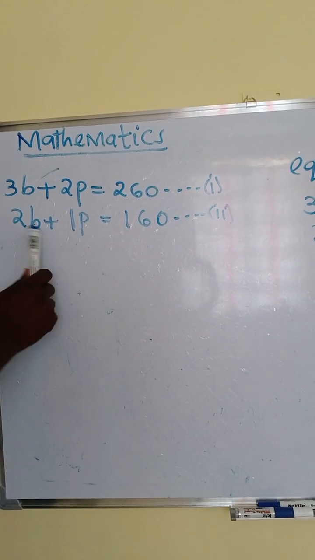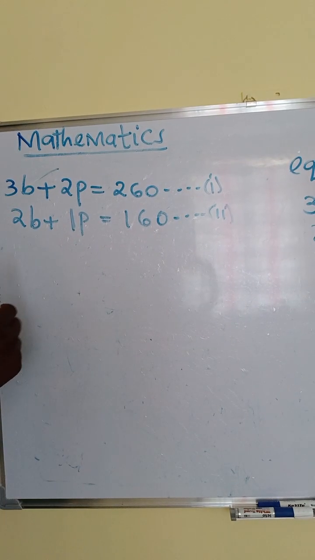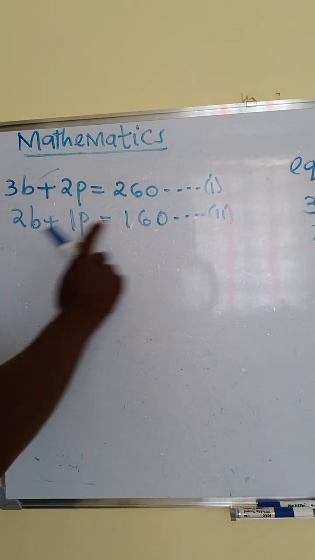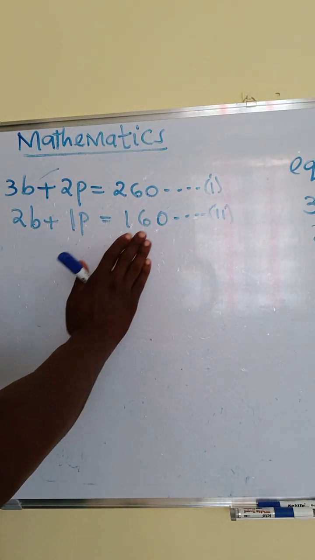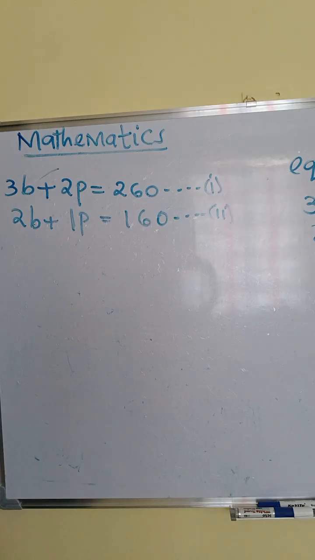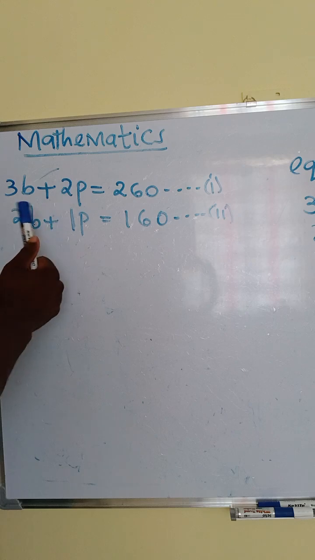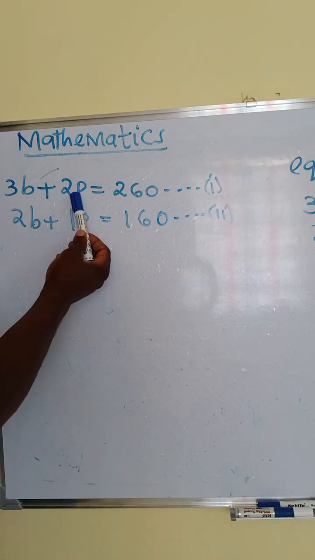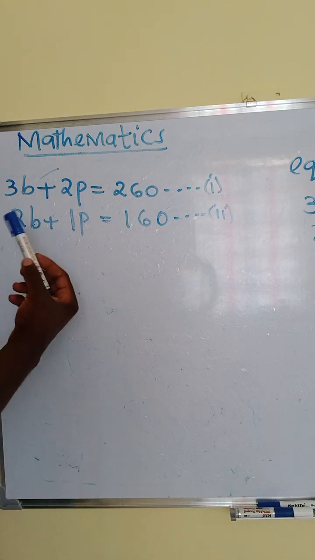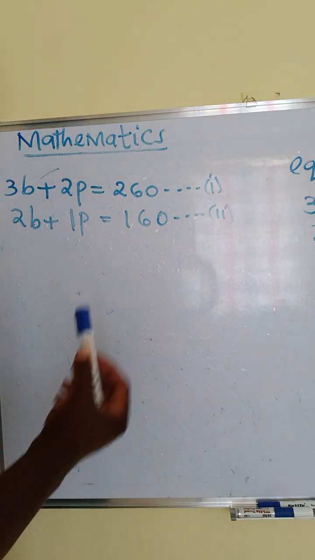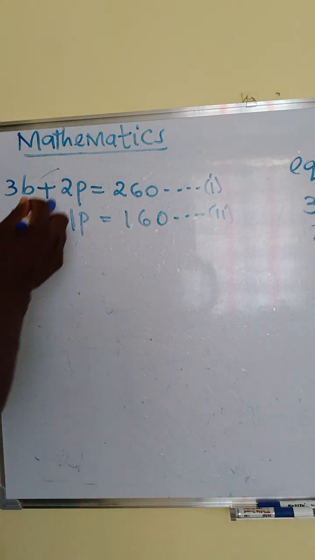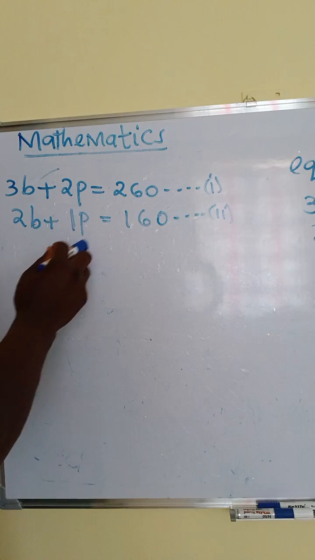Now, here's the question. What you are supposed to do after writing and forming your two equations like this is decide whether to make the value of B read the same numbers, or you can choose to make the value of P, that is pens, read the same numbers, so that when you subtract them, they give you a 0.